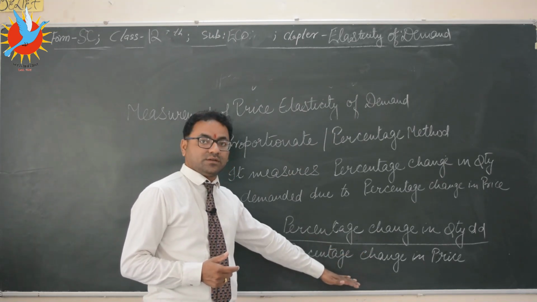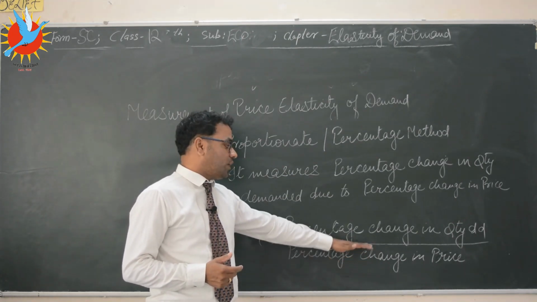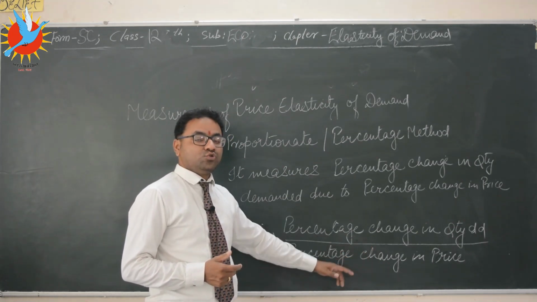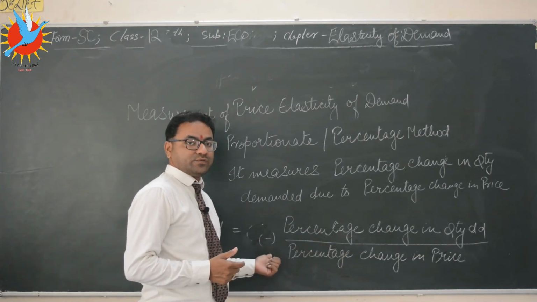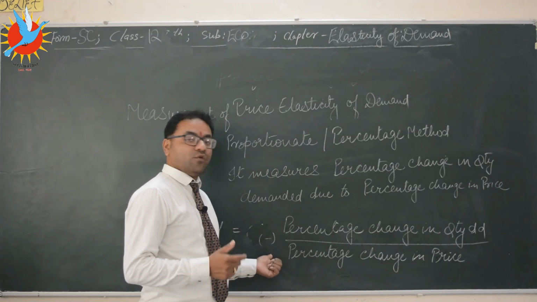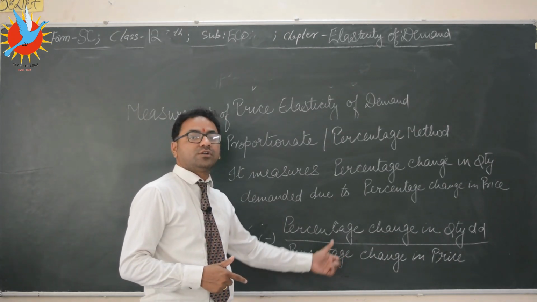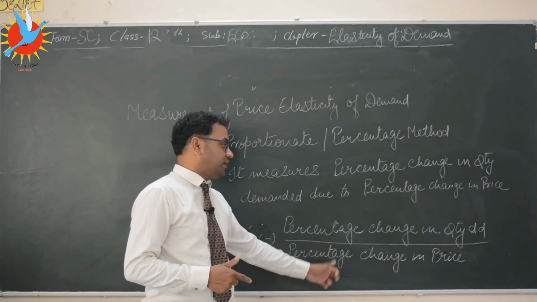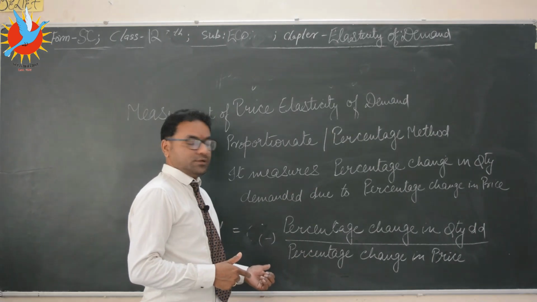When price increases, quantity demanded decreases, and when price decreases, quantity demanded increases. So due to this inverse relation, we will be getting this negative sign. Often it is ignored, but according to law of demand, there is negative or inverse relationship between price and quantity demanded. That is why this negative sign is used here.